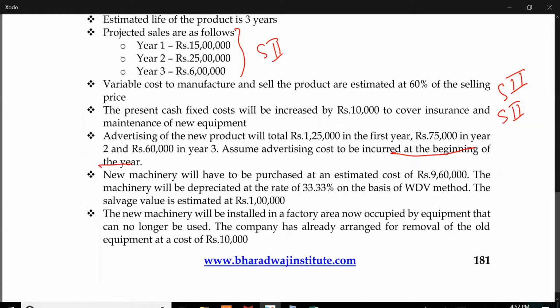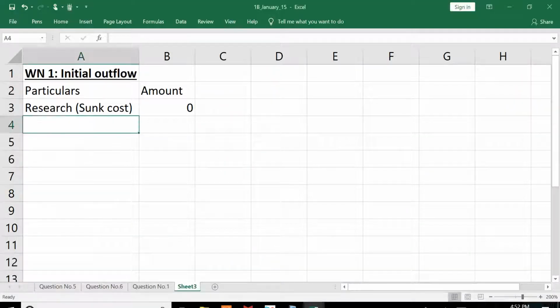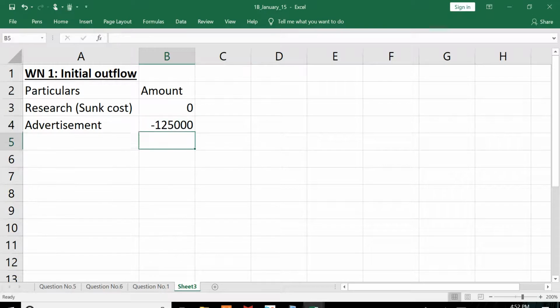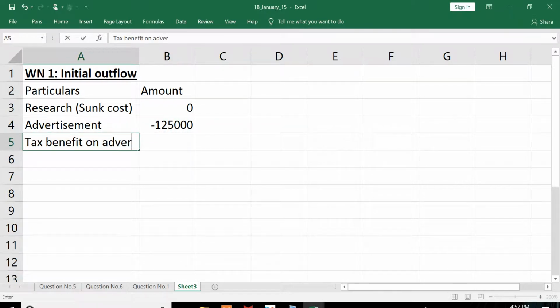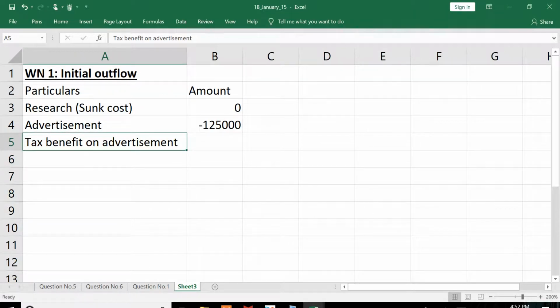Now listen, I'll write advertisement. How much is the advertisement expense? 1,25,000, and tax benefit on advertisement. It is my assumption whether I want to take it immediately or consider this as an item when I calculate my tax calculation for year 1.